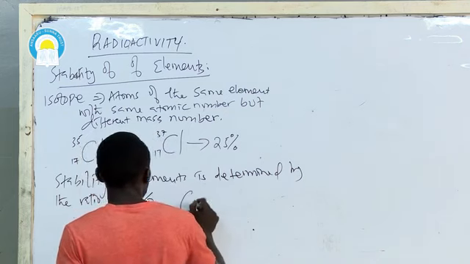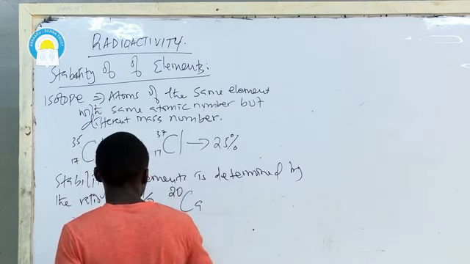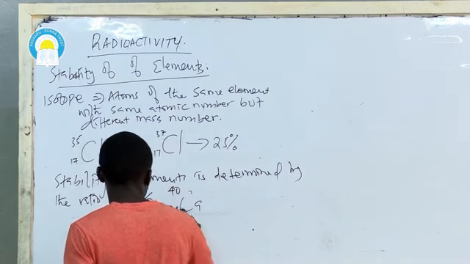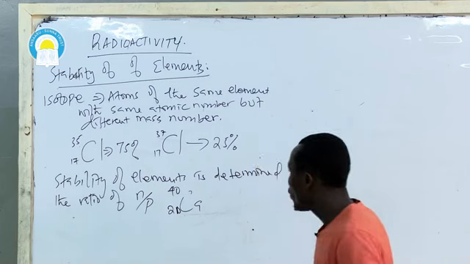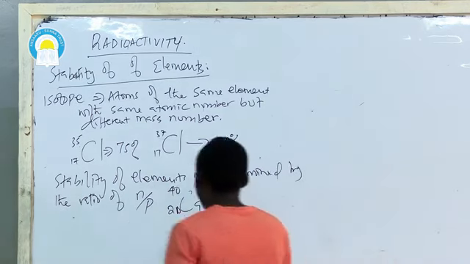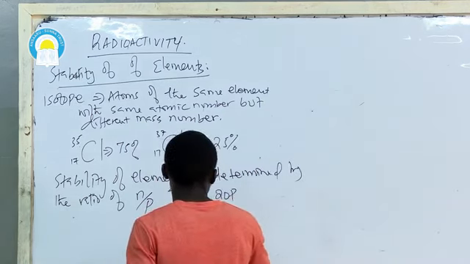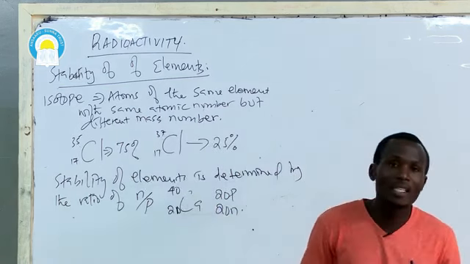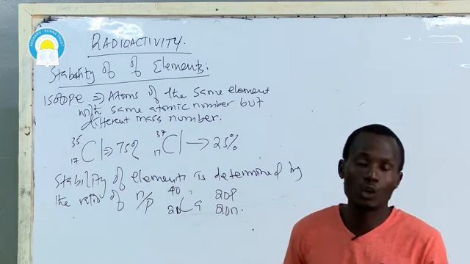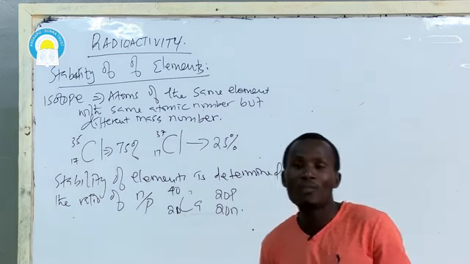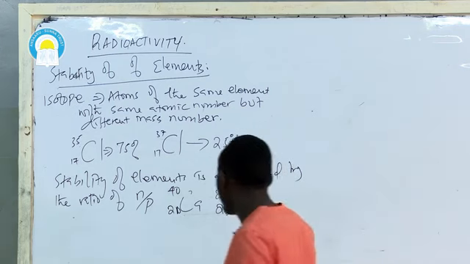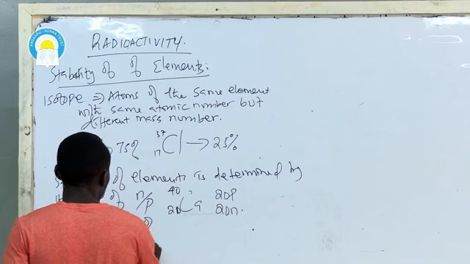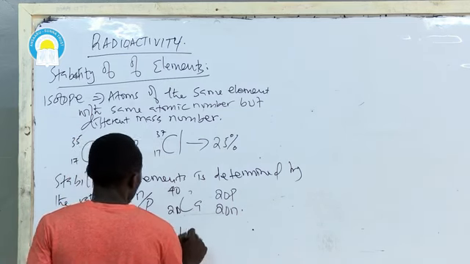For example, if you look at calcium, the mass number is 40 and the atomic number is 20. So the calcium atom has 20 protons and 20 neutrons, because a nuclide is defined by the neutrons and the protons that it contains. Therefore the ratio of neutrons to protons is 20/20, which is 1:1.